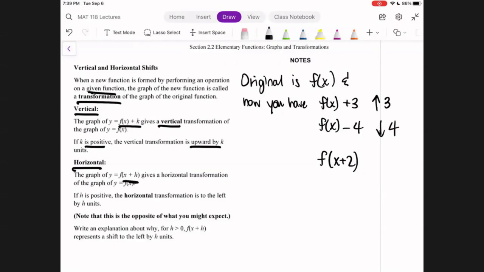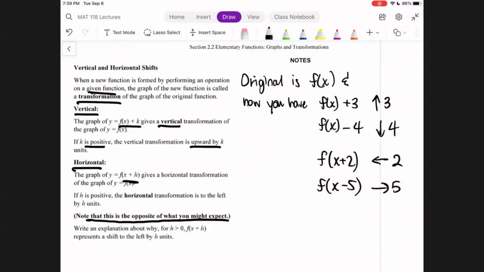So because this plus 2 is on the inside, well, you think, oh, that means I'm going to go right 2, but think opposite. Okay, note that this is the opposite of what you might expect. So this actually means I go left 2. And then if you had something like this, it means you're going to go right. The whole graph will shift right 5.